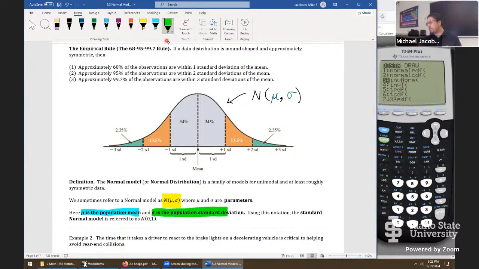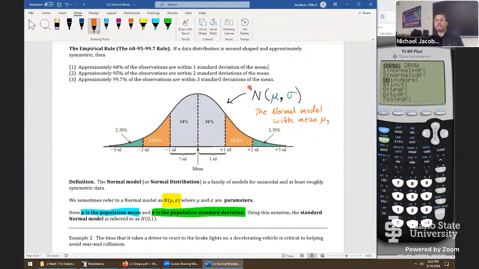Likewise, sigma is the population standard deviation. So this can be paraphrased by saying up here, the normal model with mean mu.